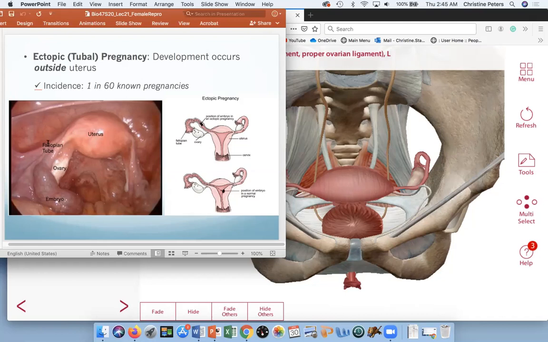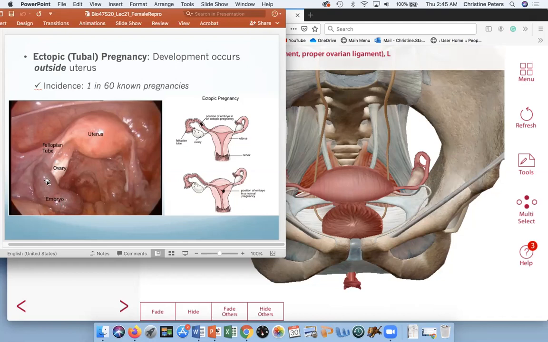So this is a photo looking at someone who is experiencing ectopic pregnancy. So we can see here's the fallopian tube, and you see how large it is here. There's an embryo developing inside that fallopian tube. So surgically, they would have to go in and remove that developing embryo so it wouldn't cause rupture and bleeding to the mother, and potentially cause, if it ruptures, the woman to not be able to have children off that fallopian tube anymore.